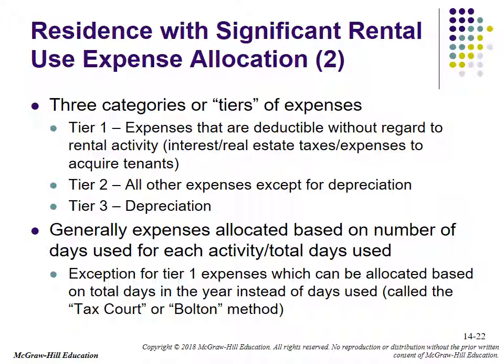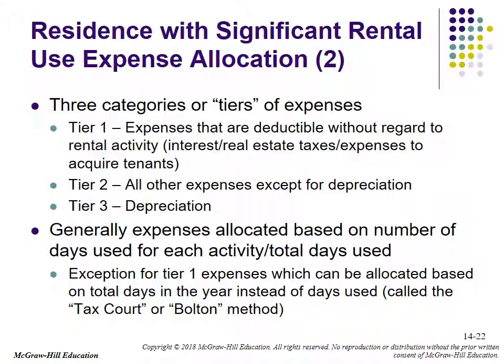There is one exception, and here it is. You can allocate Tier 1 expenses based on the number of days in the year. So your mortgage interest and real estate taxes, if you want, you can allocate between rental and personal by taking the rental days divided by 365.